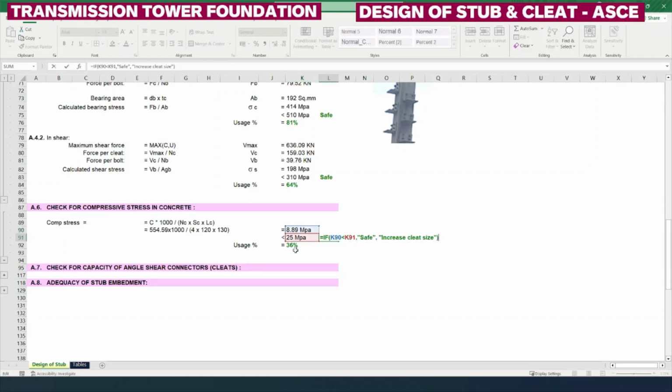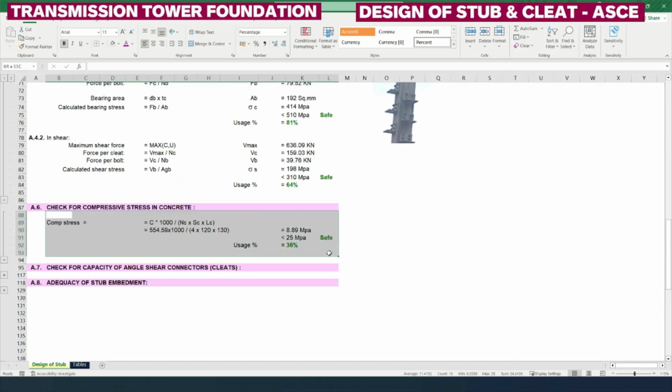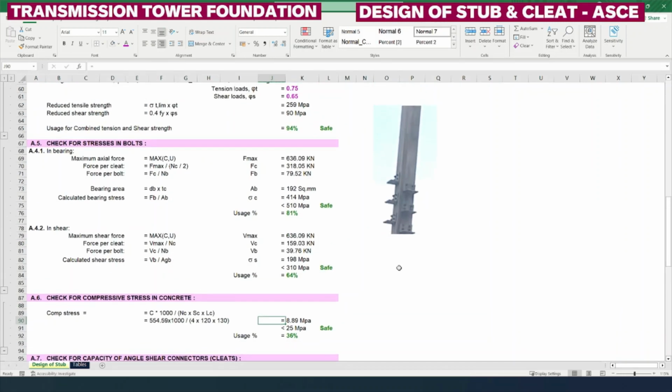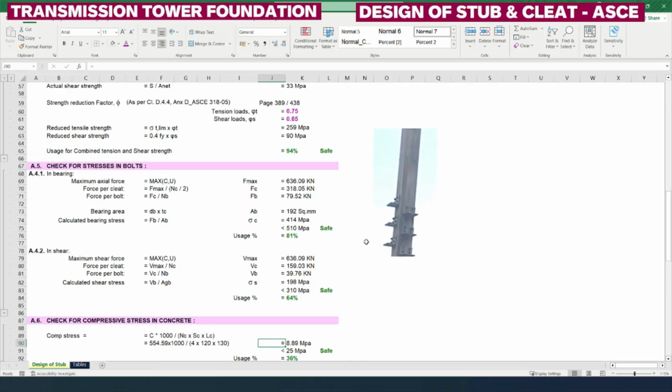So hence it is safe. The usage factor is 8.89 divided by 25, equal to 0.36, which is 36% usage. Hence it is safe. So this is the check for compressive strength of concrete where the force is transferred.